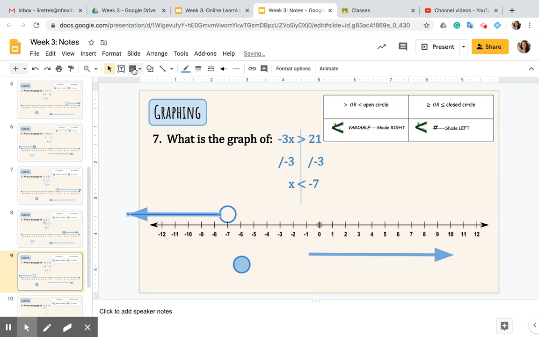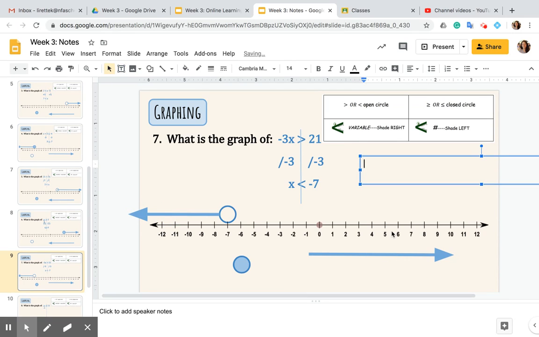And I'm going to actually put a little reminder for us that in this one, if you multiply or divide both sides by a negative number, you need to flip the direction of the inequality symbol. It keeps wanting to capitalize that, and I don't want that.